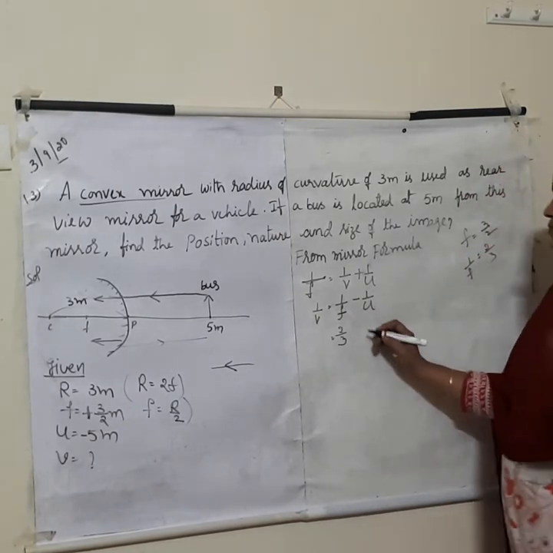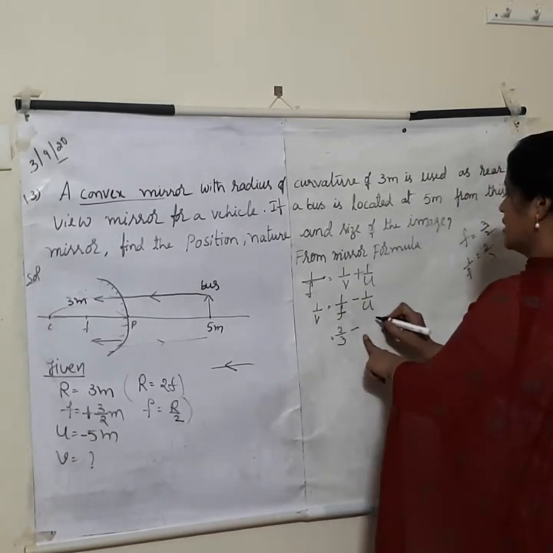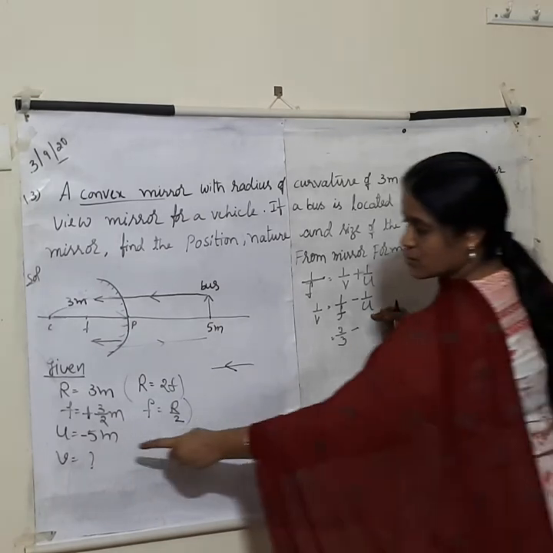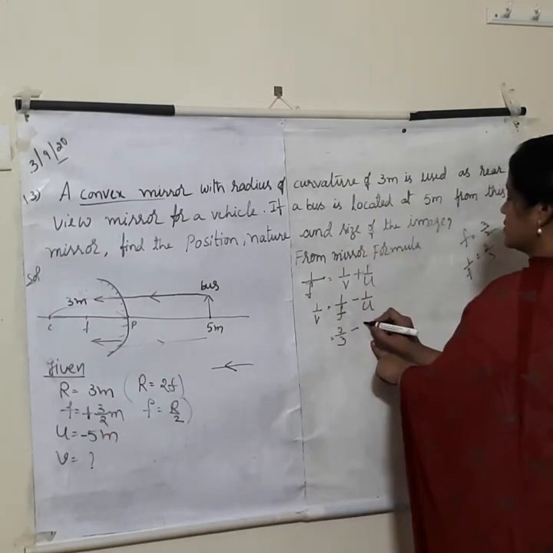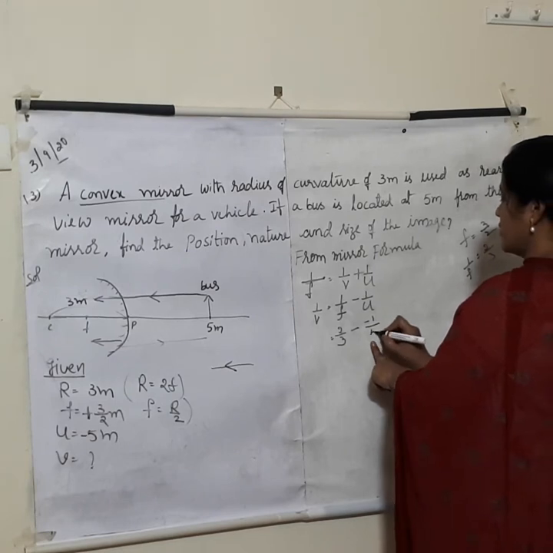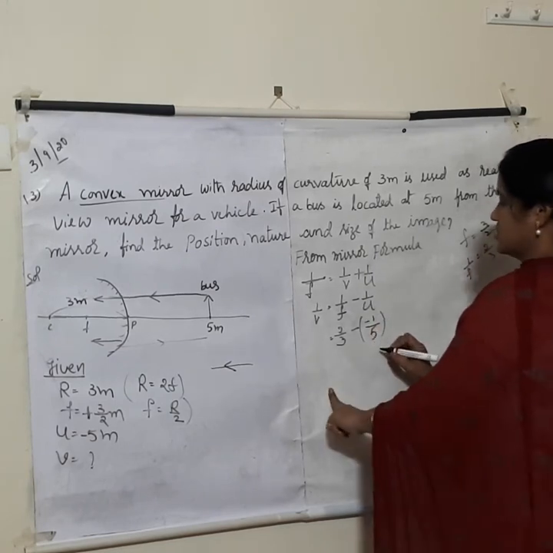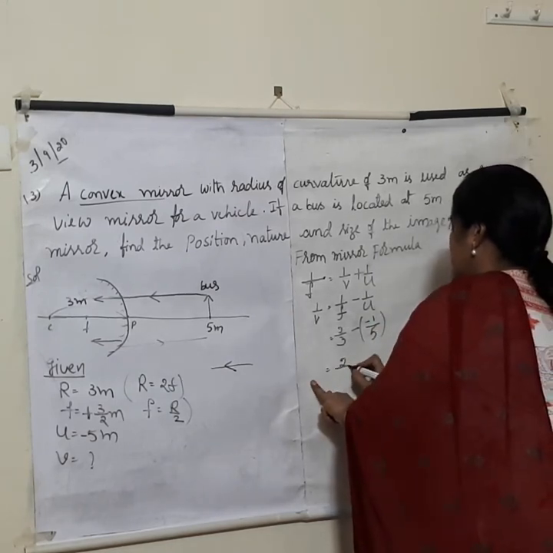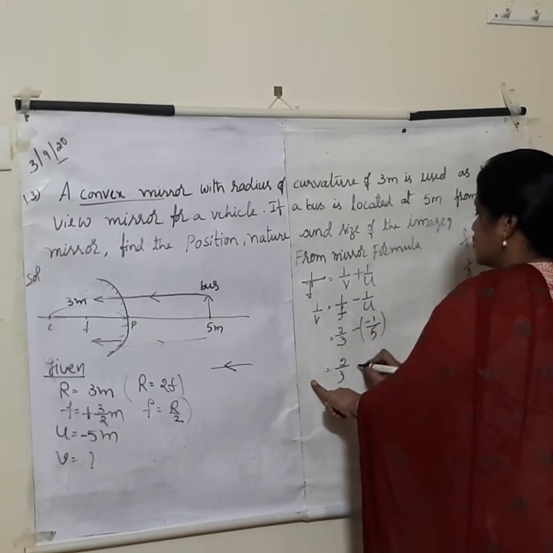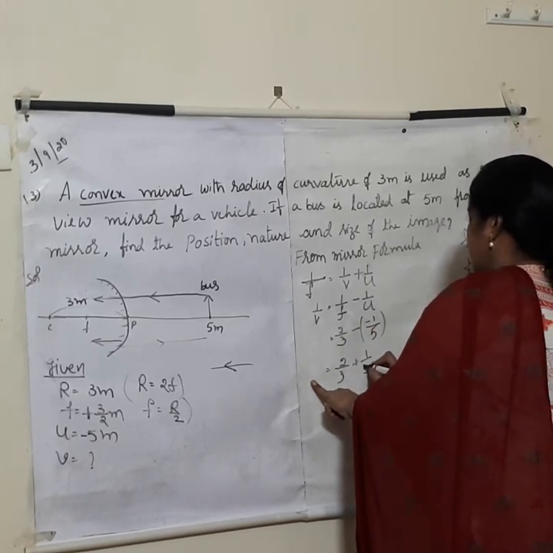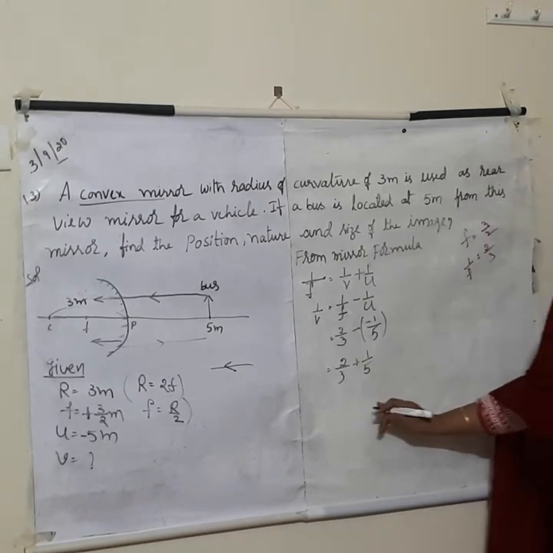Don't confuse. Minus 1 by U. U means how much? 5. Already minus is there, so minus 1 by 5. Now 2 by 3 plus, minus into minus becomes plus, 1 by 5. What is the LCM of 3 and 5? 15.